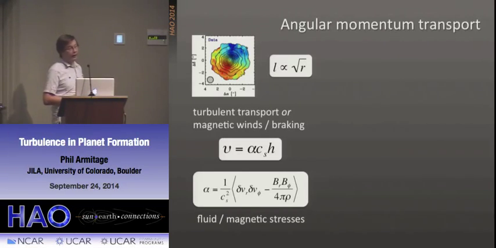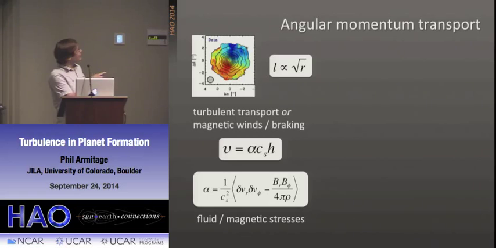Astronomers typically parameterize the strength of turbulent transport in disks in this way. You assume that the turbulent transport behaves something like a scaled up viscosity, which scales with the disk sound speed and the scale height of the disk, which is its vertical scale height, going away from the midplane of the disk. And there's an efficiency parameter here, alpha, which just parameterizes how strong that transport is.